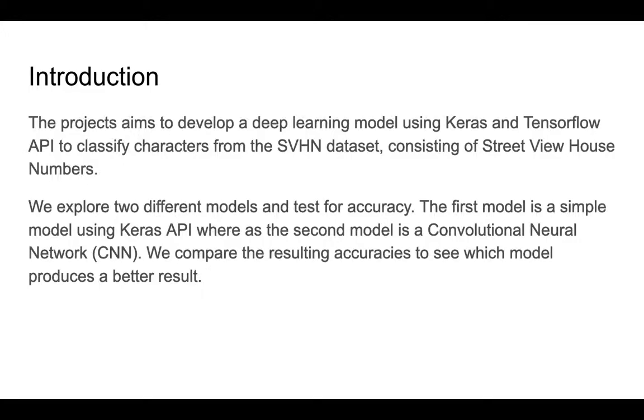So the way we tackle this problem is that first I developed a simpler Keras API model, and as you will see soon, that did not give a high accuracy.